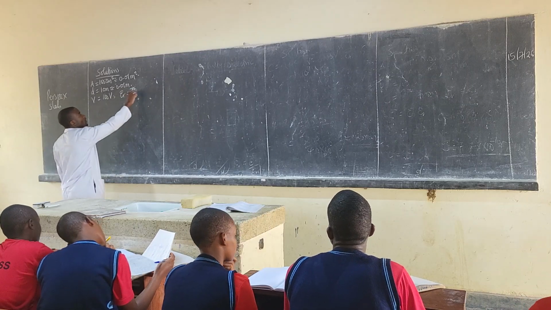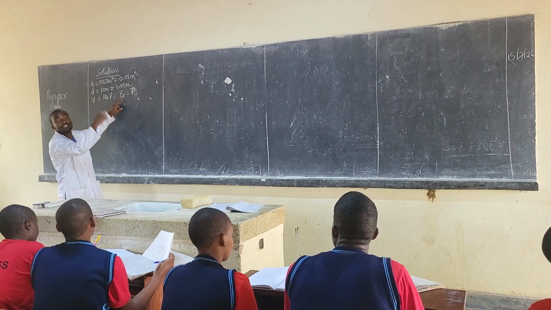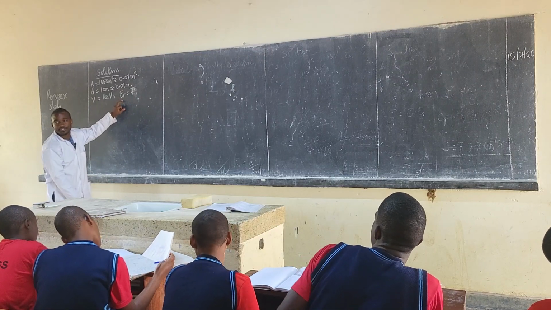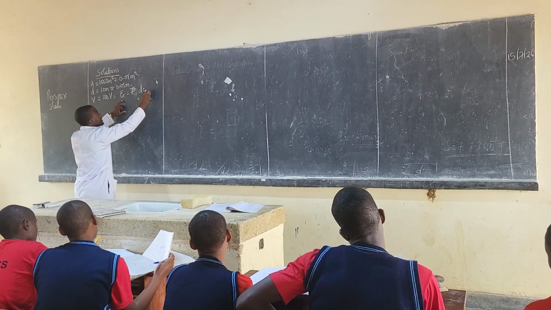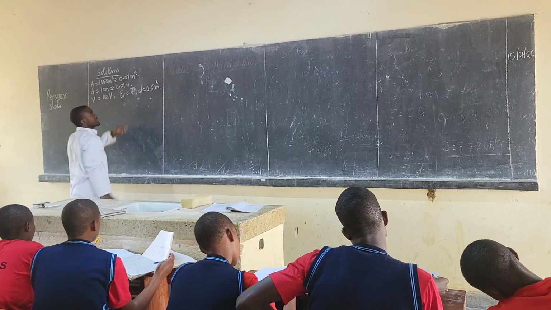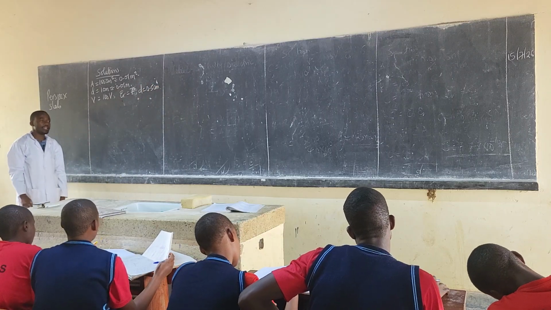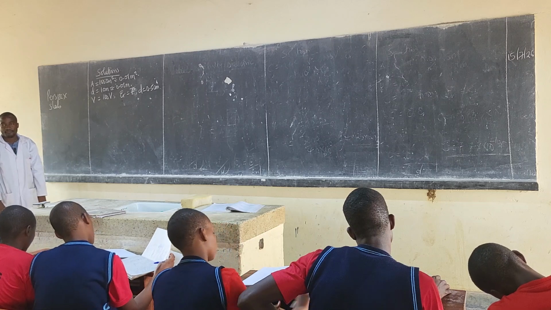The thickness of this dielectric that was inserted, whose relative permittivity was 7, is what? 0.5 centimeters, which you will convert when the time of using it comes. Are we together? All right.